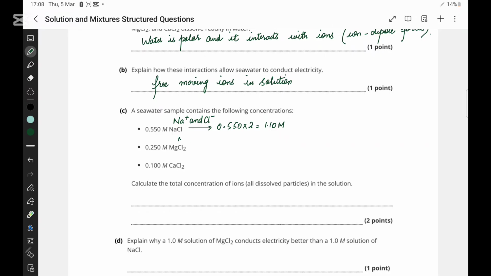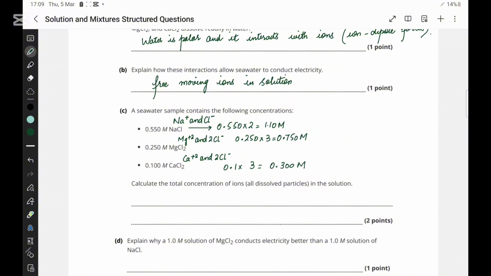And for MgCl2, it contains Mg plus 2 and 2 chloride ions, so total ions becomes 3. So that is going to be 0.250 times 3, and that becomes 0.750 molar. Then for calcium chloride, it contains calcium plus 2 ions and 2 chloride ions. So it becomes 0.1 times 3, that is going to be 0.300 molar.